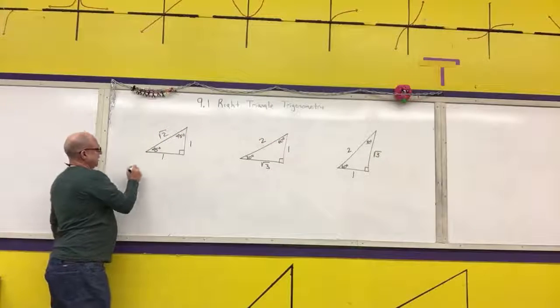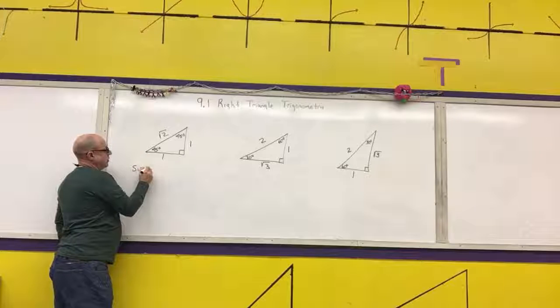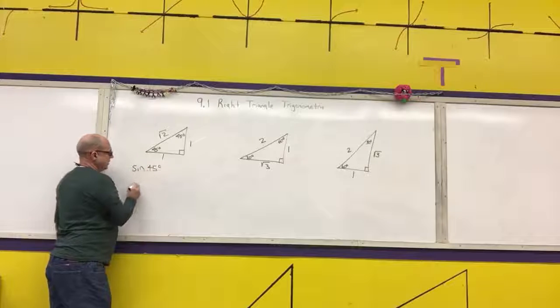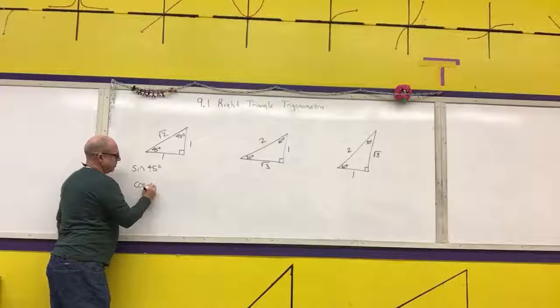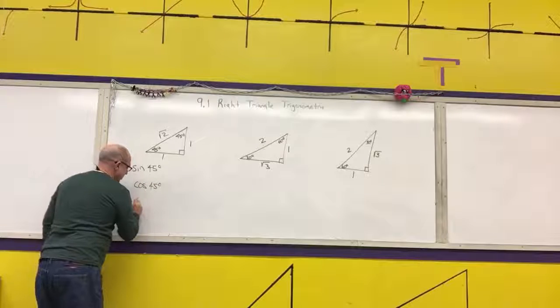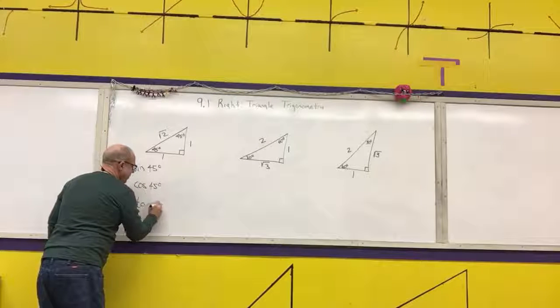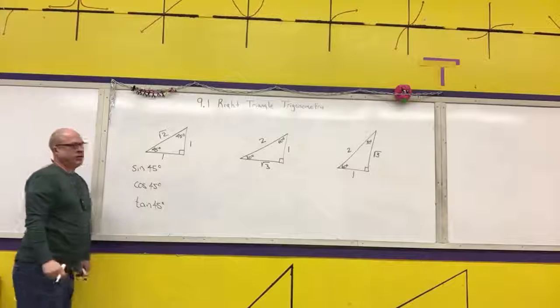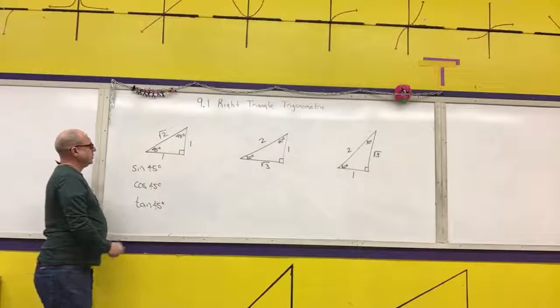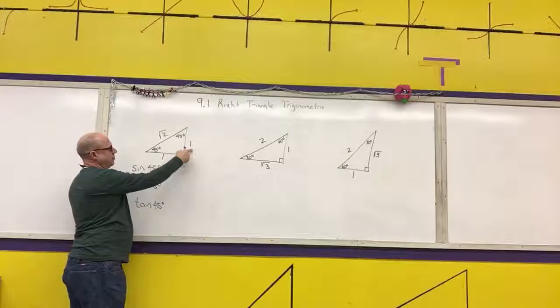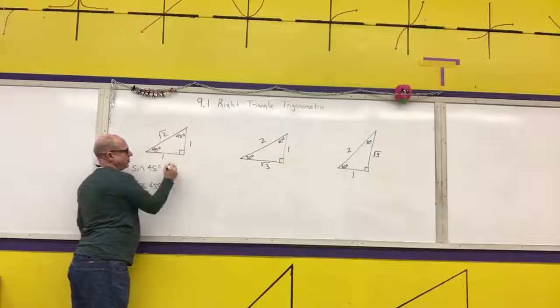You should immediately be able to come up with the sine, cosine, tangent of 30 degree, 45 degree, and 60 degree angles. So the sine is opposite over hypotenuse, 1 over square root of 2.